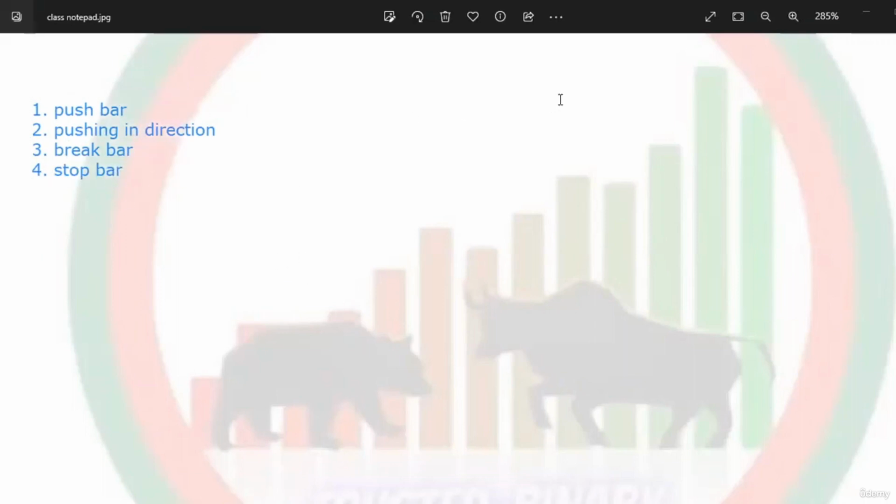So first of all, the push bar is when this candlestick, this one, we always divide into four parts. Number one, number two, number three, and the above part, number four.